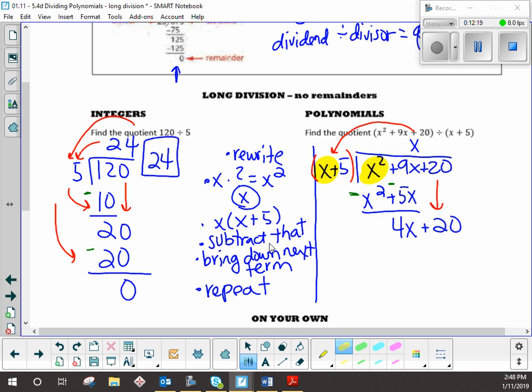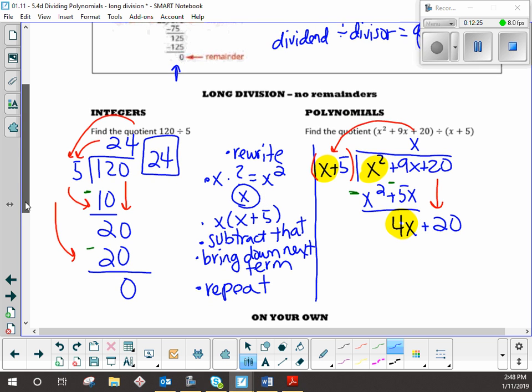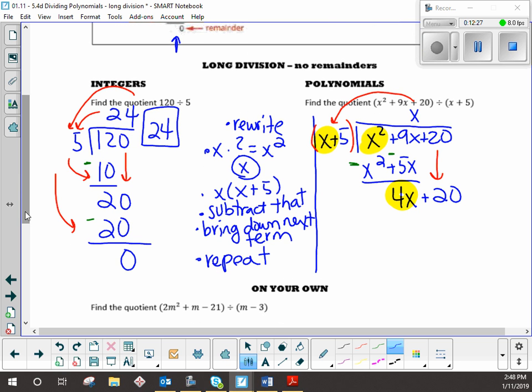So I start by now looking at the first term here. X times what gives me 4x? 4. So I line that up over the 20, because those are like terms. I do 4 times the x plus 5 and bring it down here.